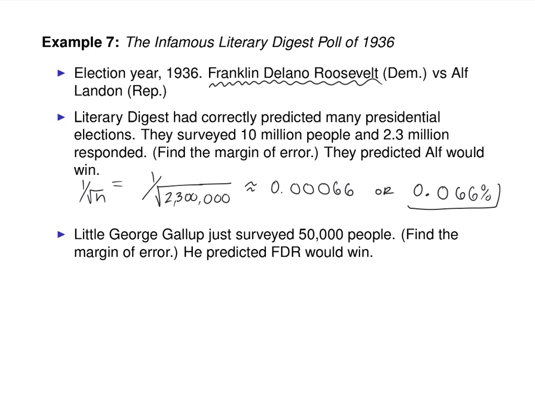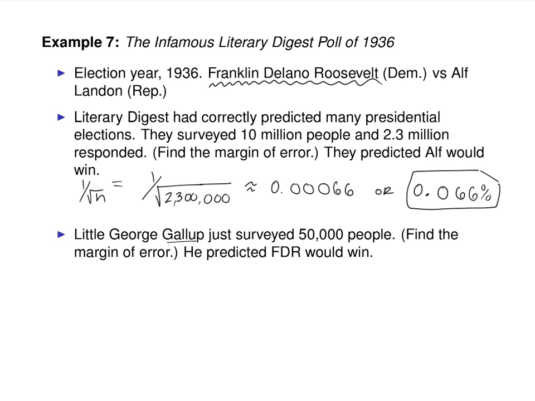Do you guys agree with that? That's a pretty tiny margin of error, right? So they're really confident that this Alf Landon guy is going to win. He's our next president. Still, that's a small number compared to 10 million. Sure, but it's a really small margin of error. Usually if you have a good sample, that many people is going to give you a lot of accuracy.